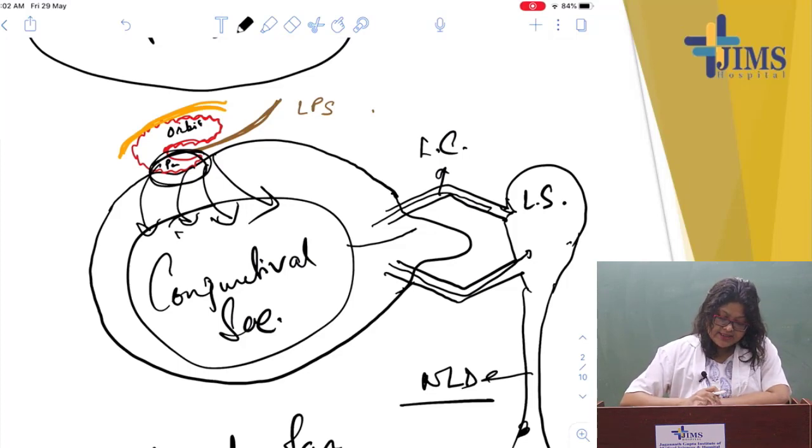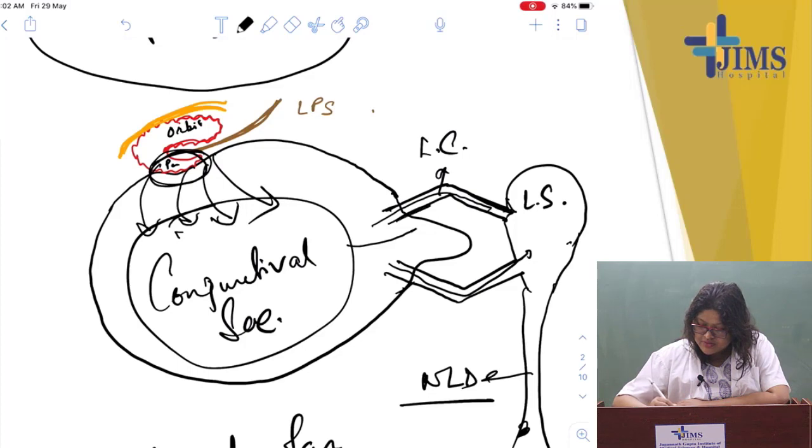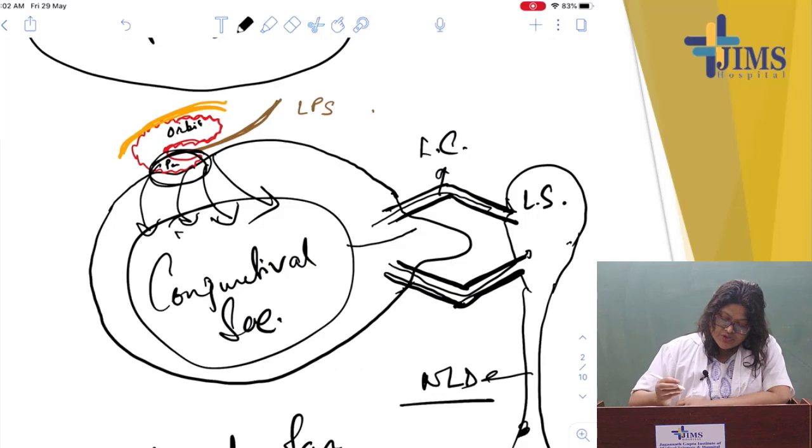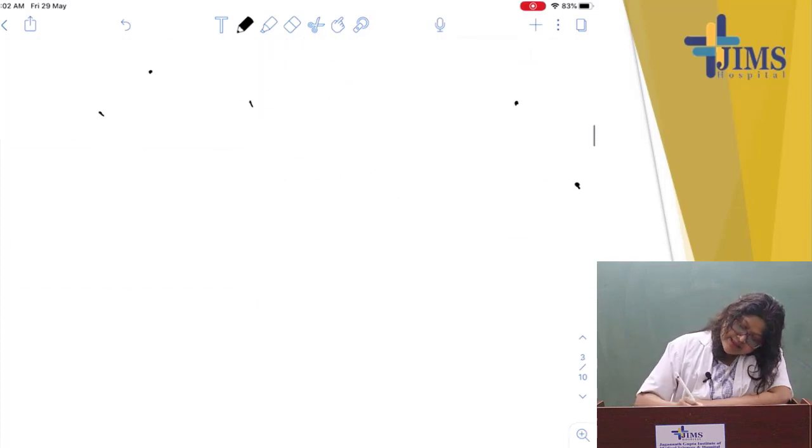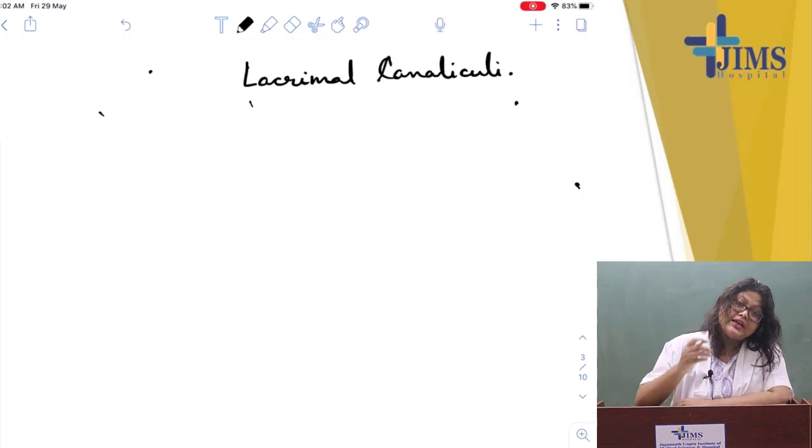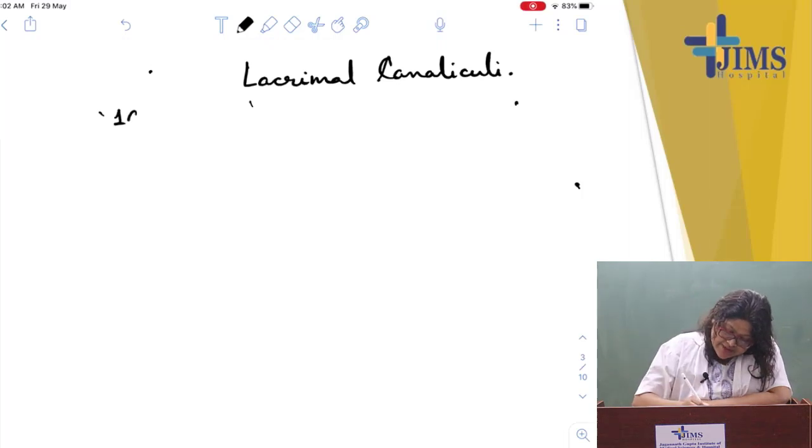Before we go to the factors, we will see the lacrimal canaliculi. As you can see, they are bent at acute angles. Lacrimal canaliculi start from the conjunctival sac. They are 10 millimeter in length.